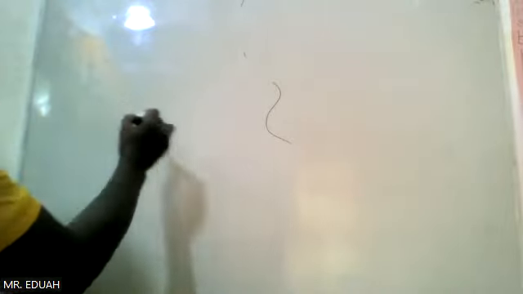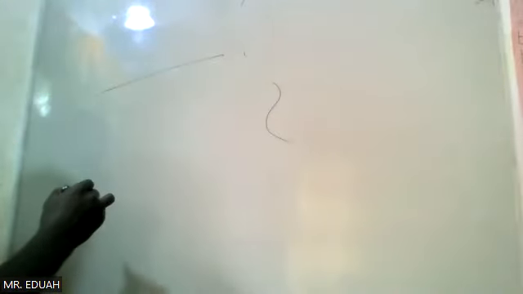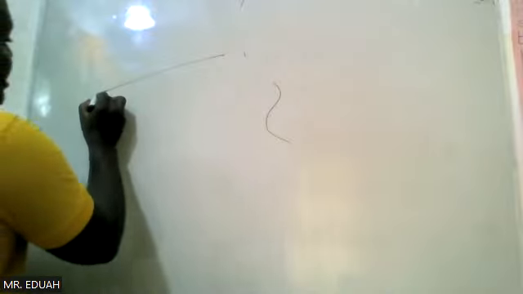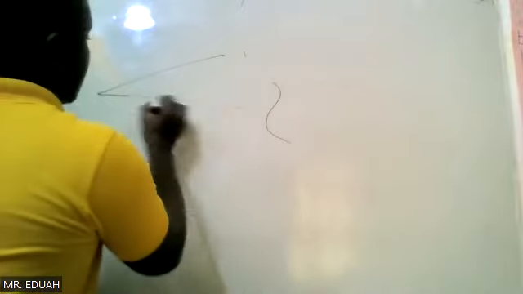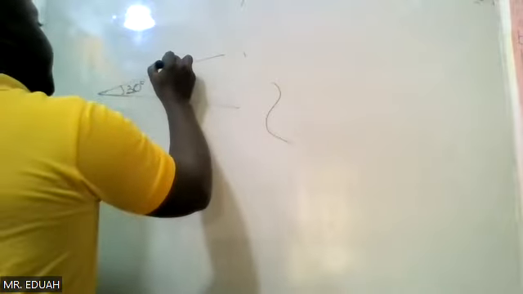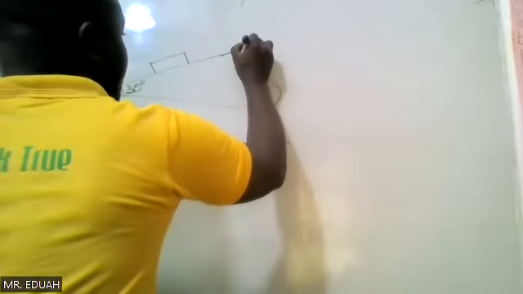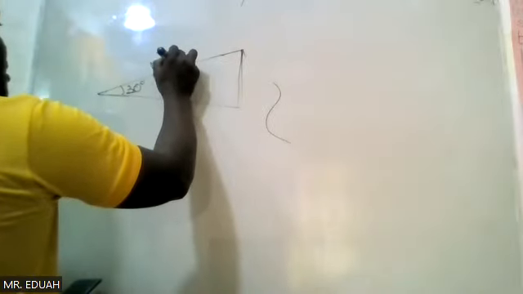So it's an inclined plane. Let's draw. The angle of tilt to the horizontal is 30. A body of mass 5 kilograms is on an inclined plane.